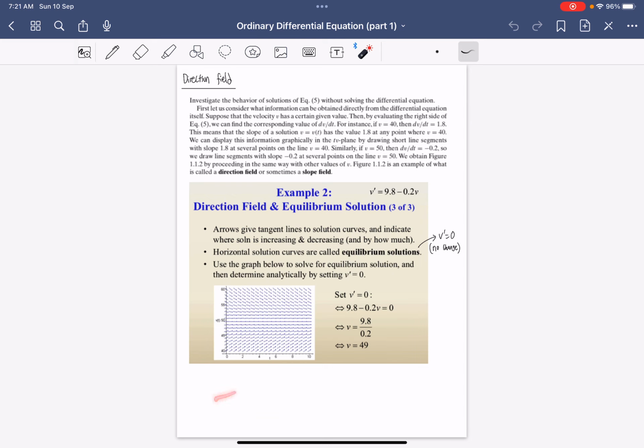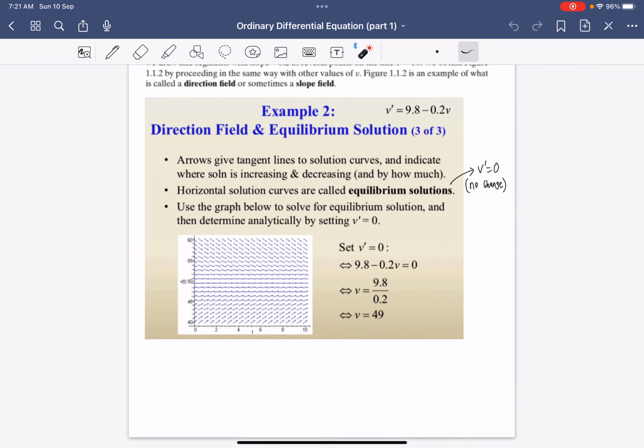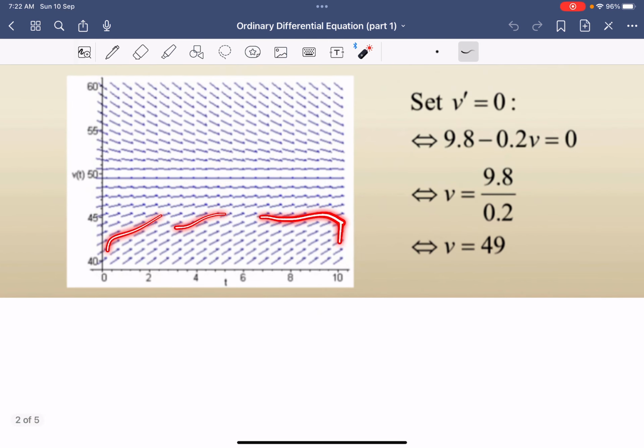There's no change actually. So dv/dt equals 0, you find that your v is 49. Meaning at 49, the gradient is 0. So this will be an equilibrium solution. It's just a straight horizontal line. Then everything above it is decreasing, and everything below it is increasing.